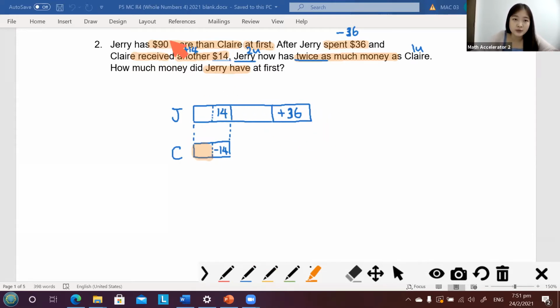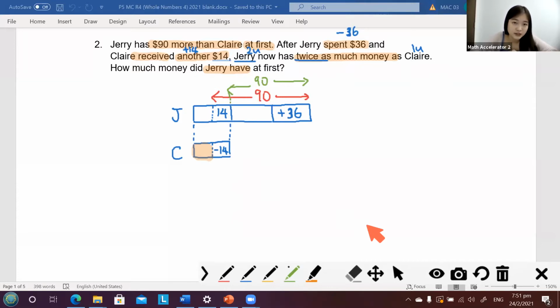So where do I label the $90 more than Claire at first? Here comes the question again. Is 90 over here, red color, or green color? Red or green? This is at the start.